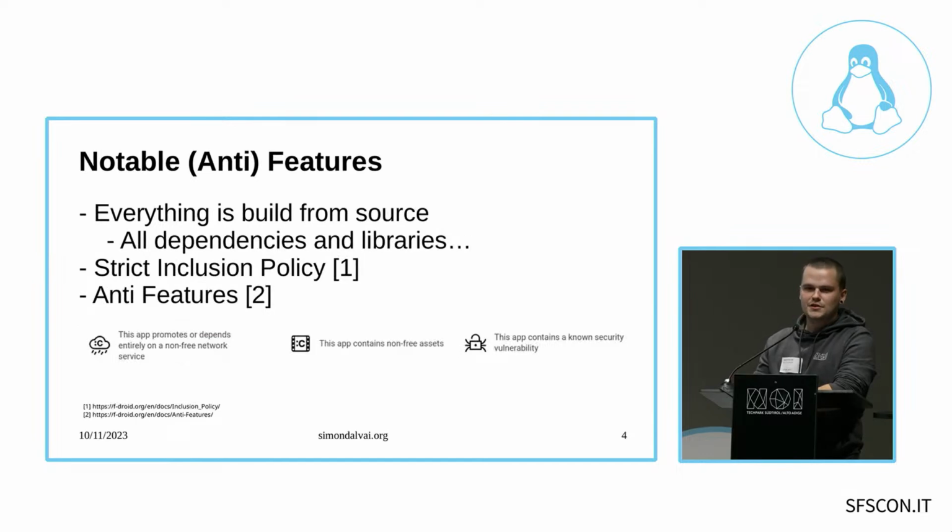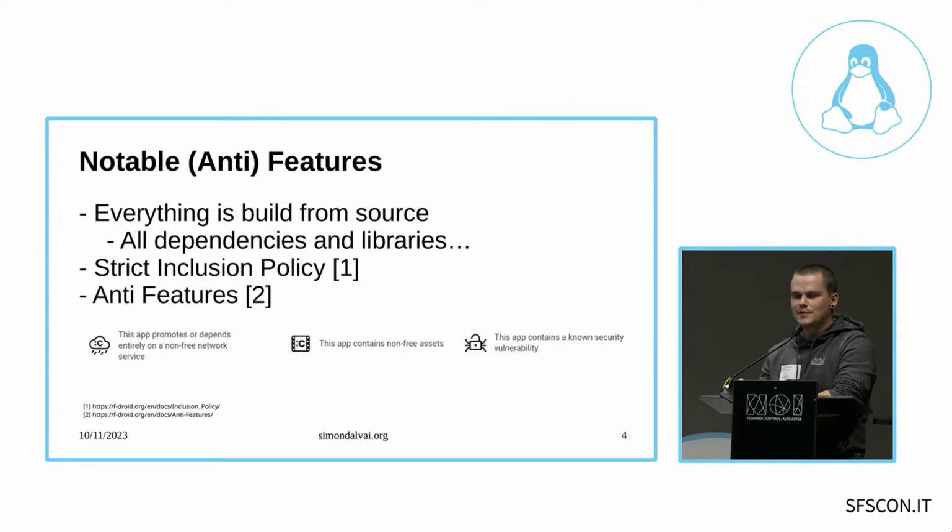So some features about F-Droid and anti-features, I will explain what that is. So one feature is that everything is built from source. So of course your application needs to be open source and the source code gets pulled and then built and uploaded, but also all its dependencies. For example, in my case, I have to pull the Godot engine code, build the Godot editor, and then from there, open the application and export the game.